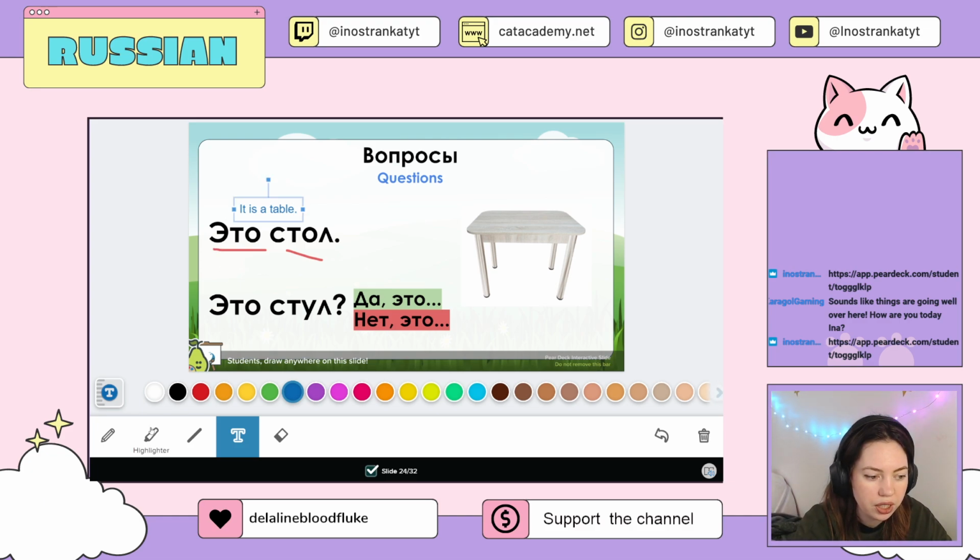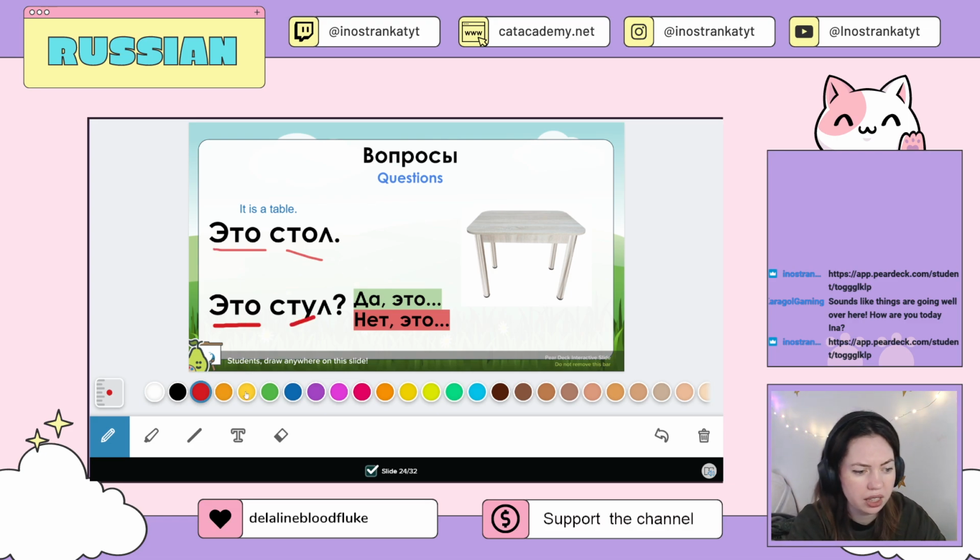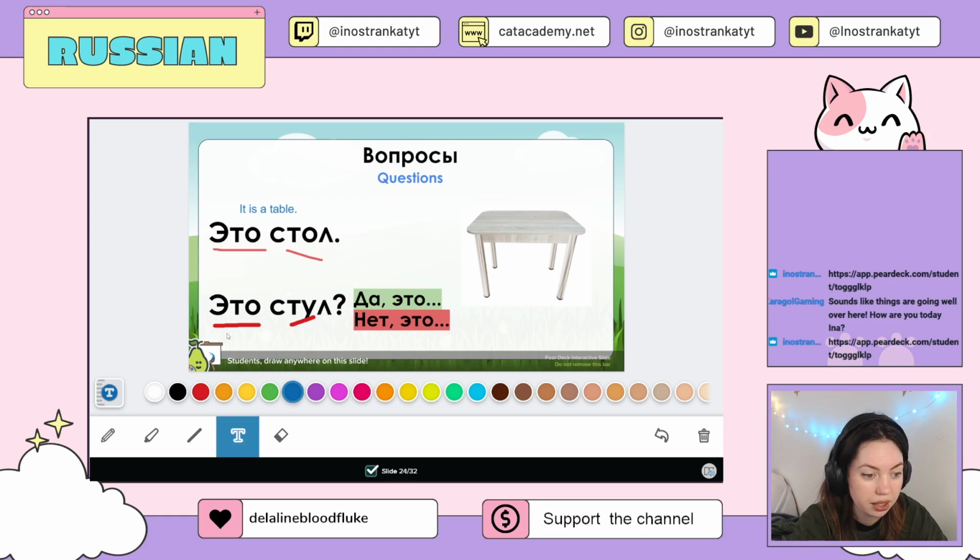Now let's read the second sentence. Прочитаем второе предложение. Это стул? And let's translate it. Is it a chair? Yeah, these two words, стол and стул, the spelling is almost the same. The difference is only in one vowel, so it could sometimes be confusing at the beginning.